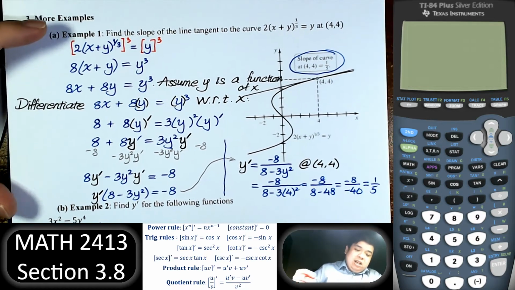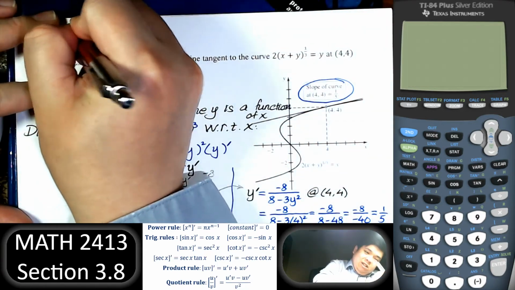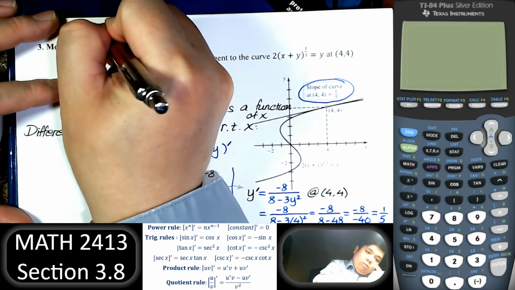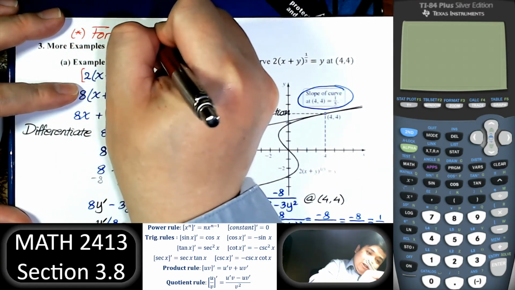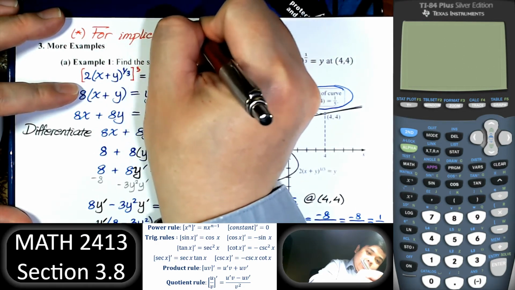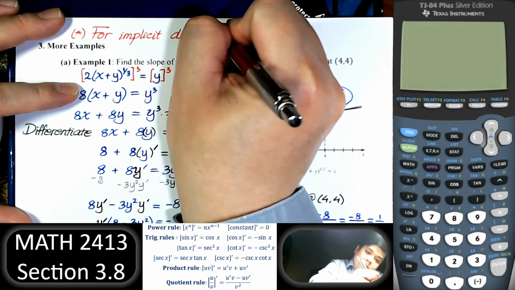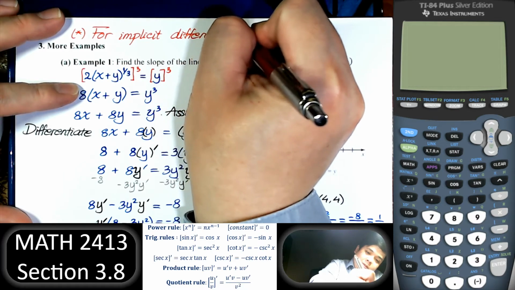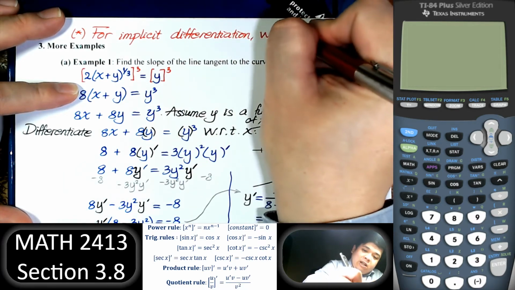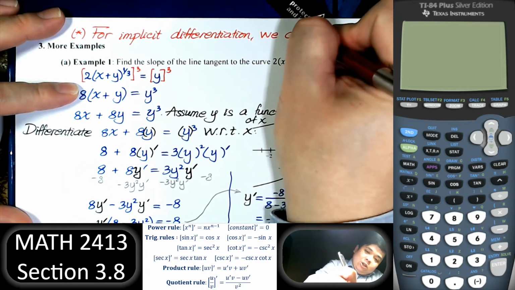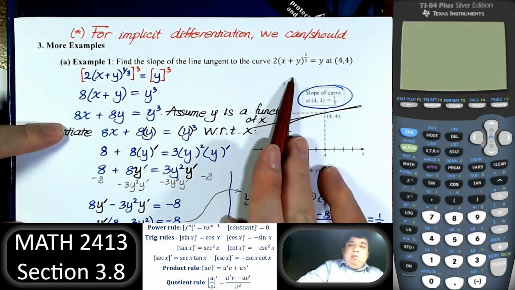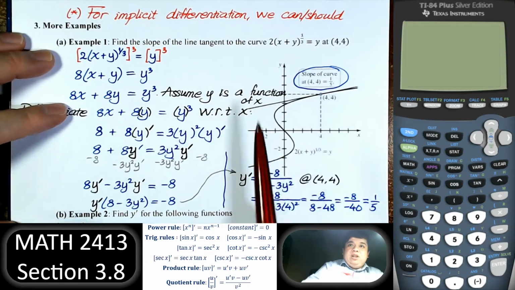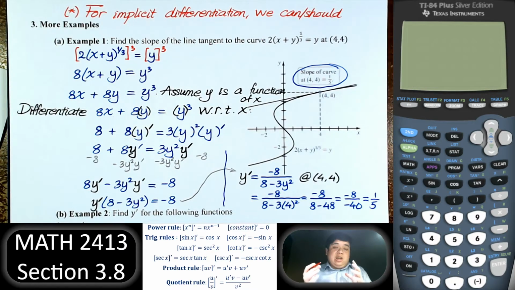So just write a little note here for implicit differentiation. We can and should manipulate the equation so we can have something easier to differentiate.